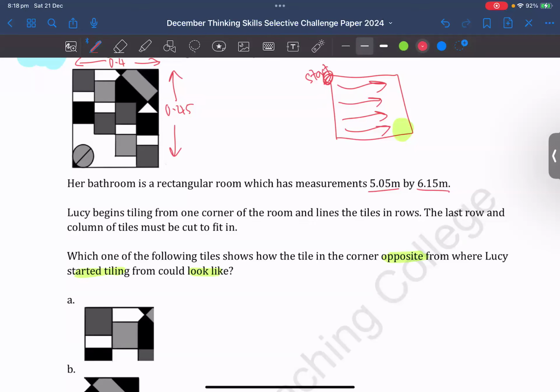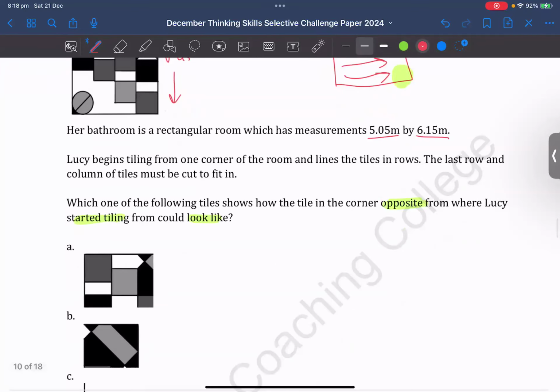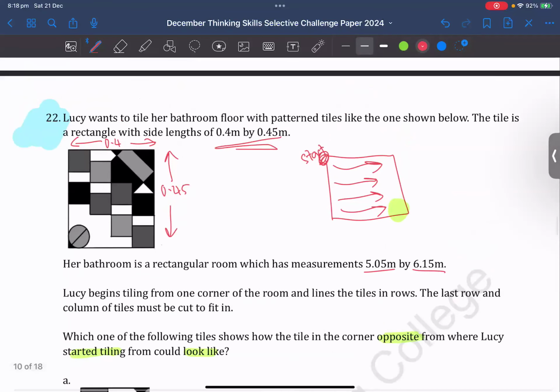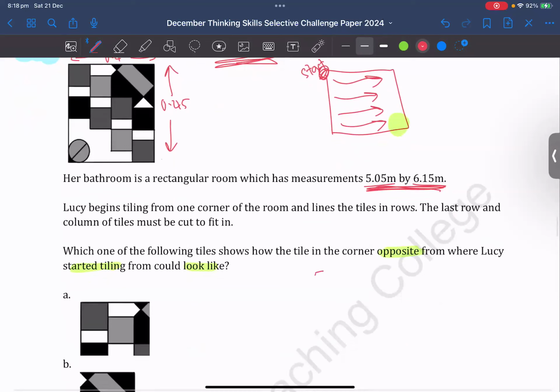The best way to do that is just try to see how many we have. So the measurement is 0.4 by 0.45 for a room that size. So I'm going to divide by the length first. 5.05 divided by 0.4 gets me 12 and 5/8.